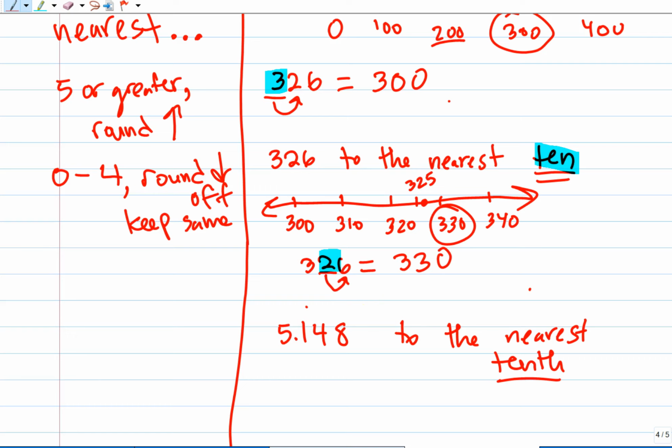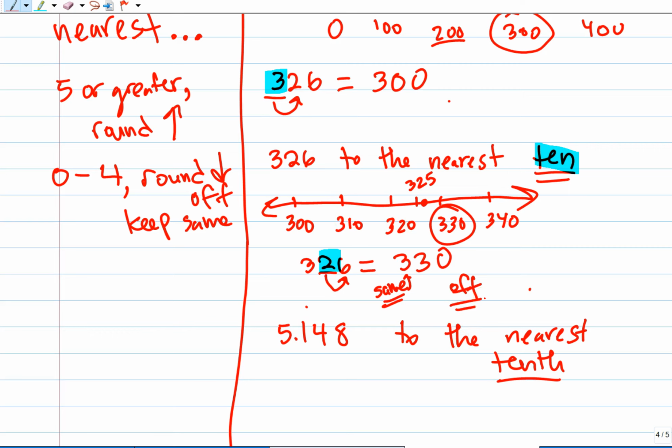All the numbers after get rounded off. So the 2 rounds up to a 3, and the 6 becomes a 0. We round it off. Any numbers in the front of that stay the same. So that 3 at the beginning stays the same. Everything after what we rounded to rounds off still.